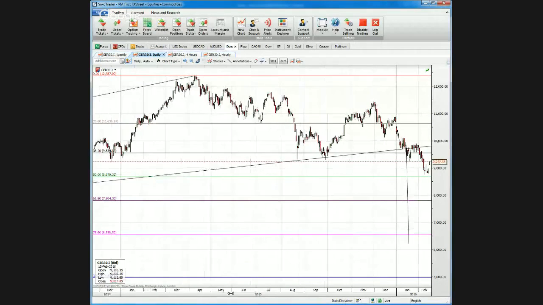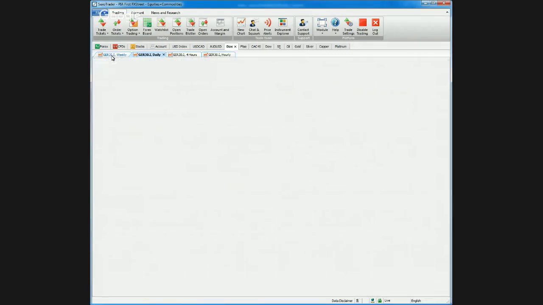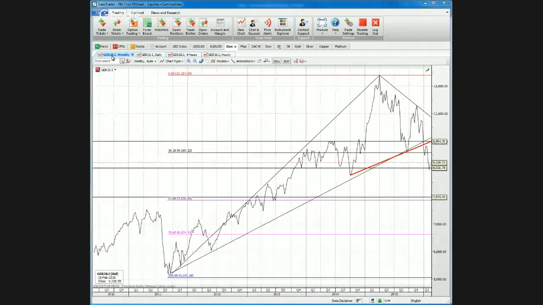Basically what we do in technical analysis, we look at different time frames to produce a trade idea. So if we're looking for a medium-term trade idea, we start by looking at the long-term chart. That'll be the weekly chart, and this is a line chart of the DAX going back to 2011.